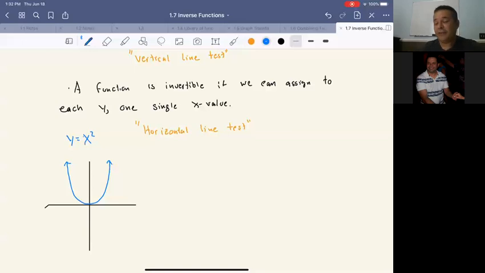Now, this is a bad example because, as you can see, it fails the horizontal line test. Therefore, it is not invertible.